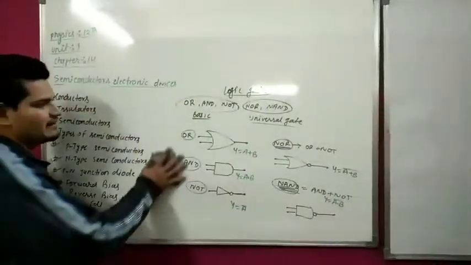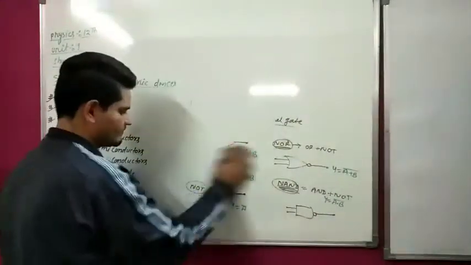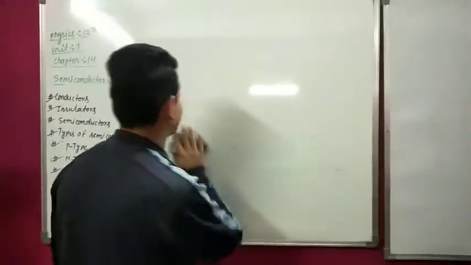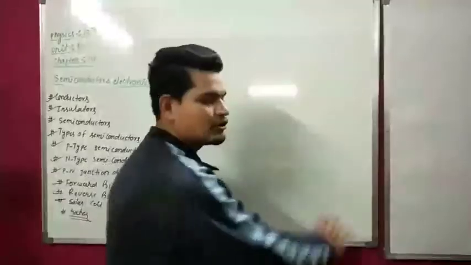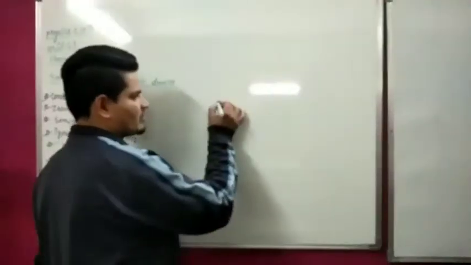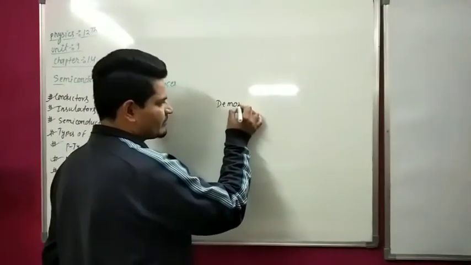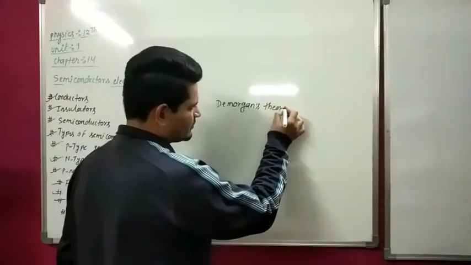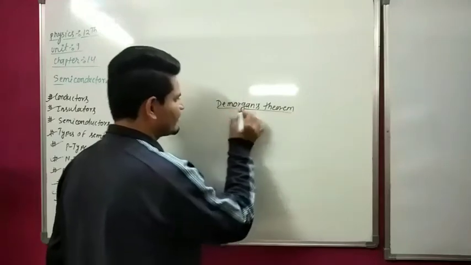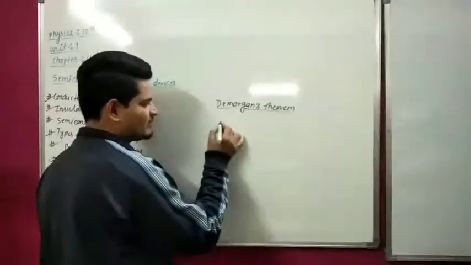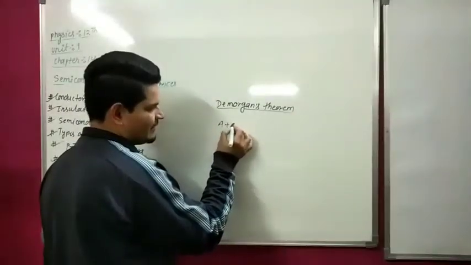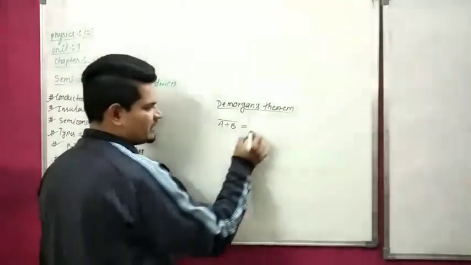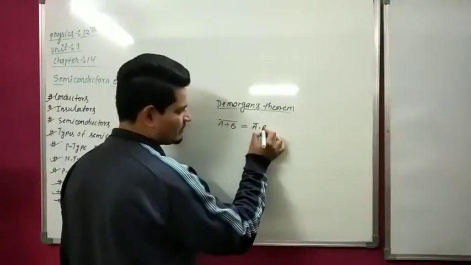Now we have to understand a theorem, De Morgan's theorem. So what is De Morgan's theorem? De Morgan's theorem says that (a plus b) bar equals a bar dot b bar.